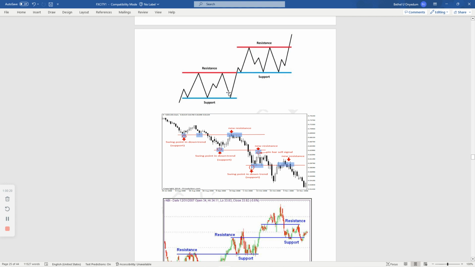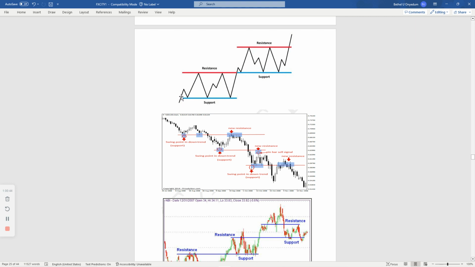So you can see that we have support. A support zone is a particular point where price failed to go below for a few tries.